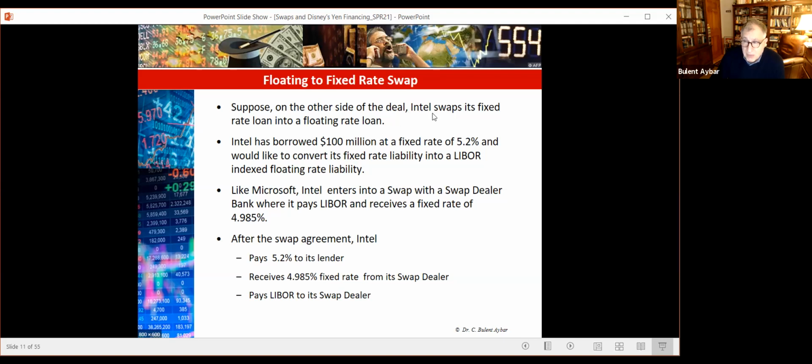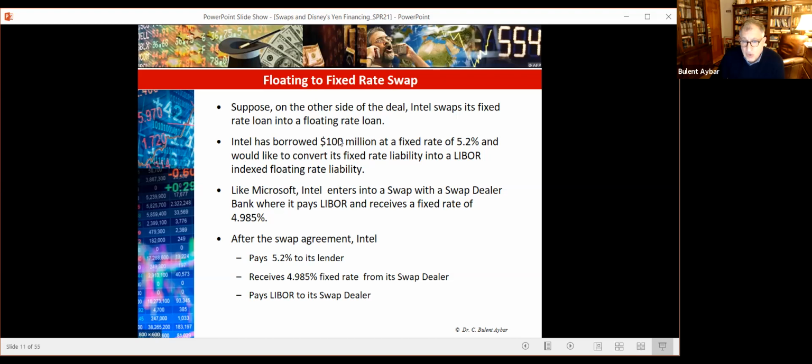So the same swap dealer this time engages with a corporate entity. But the deal is almost just the opposite of what we discussed in the Microsoft case. In this case, the swap dealer is going to make a fixed payment to Intel and accept a floating payment from Intel.